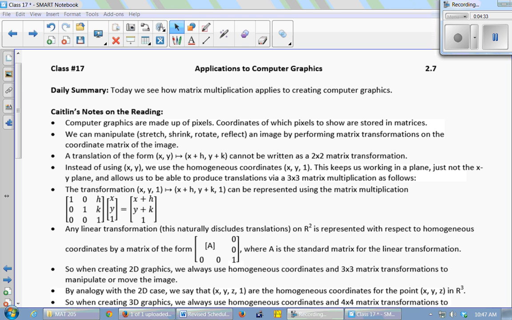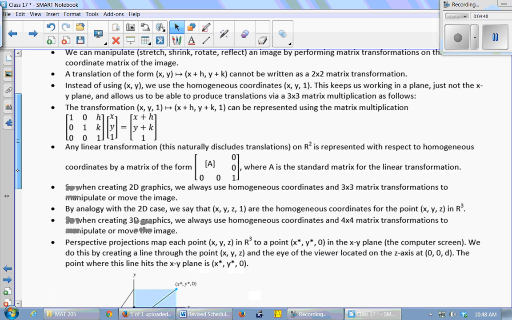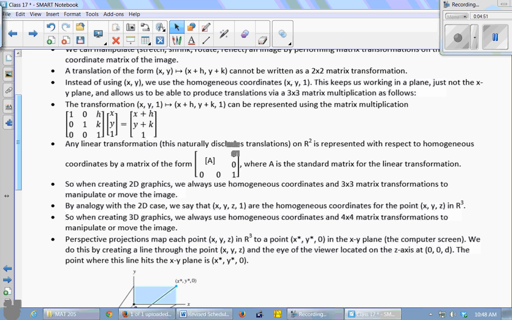If you want to send (x, y, 1) to (x + h, y + k, 1), so we're shifting right h, up k, moving right and up or left and down, you take your (x, y, 1), the point that you want to translate, and you multiply by this matrix here.